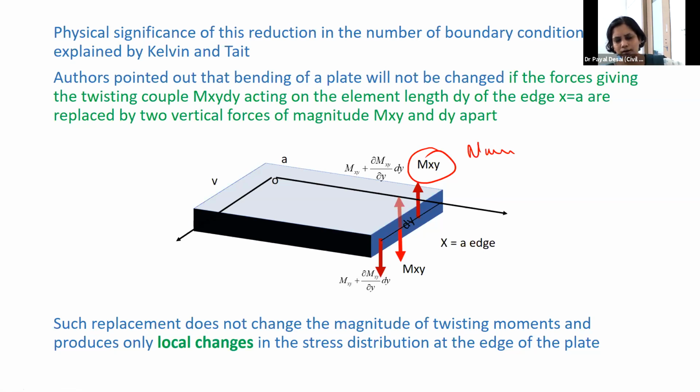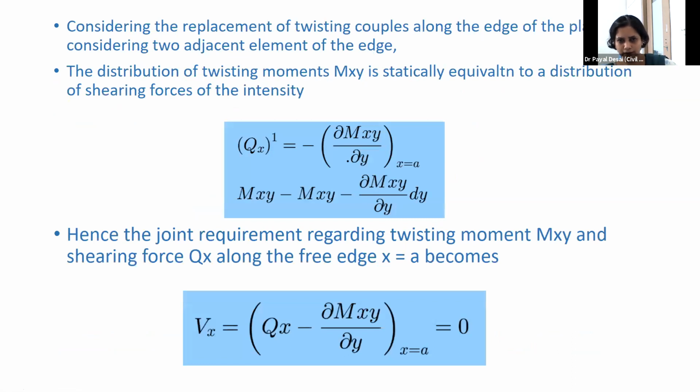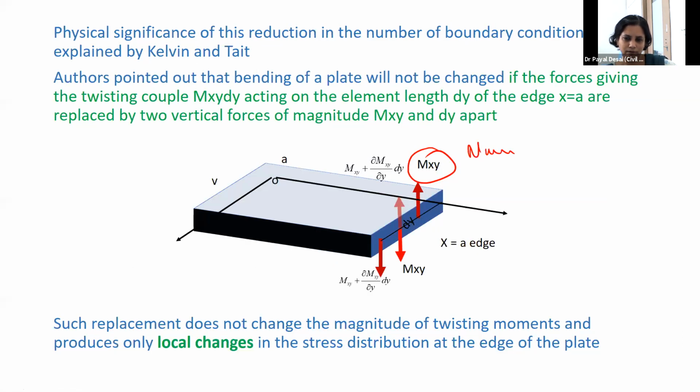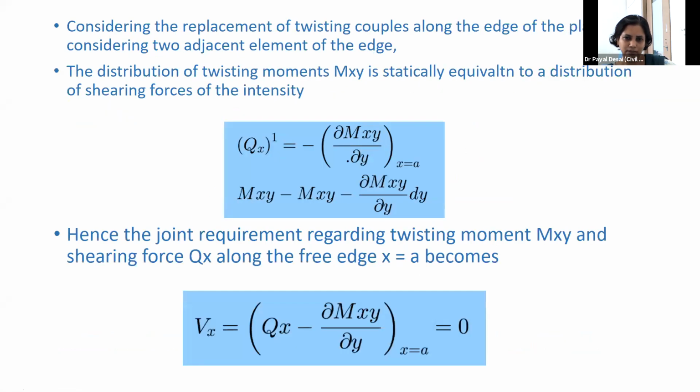This will not make much difference in the bending moments, but only at the corners there will be some change. When I combine, I use the equilibrium of the forces. I replace Qx and combine both, so I am able to combine my total force, the boundary condition, shear force which is 0.